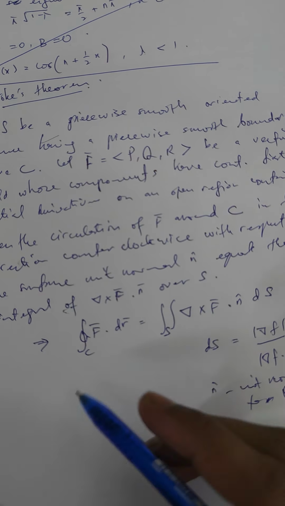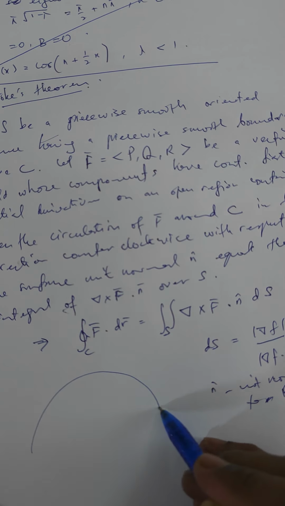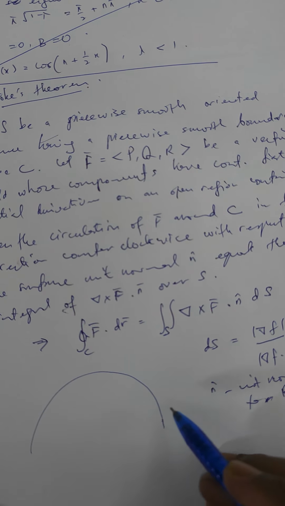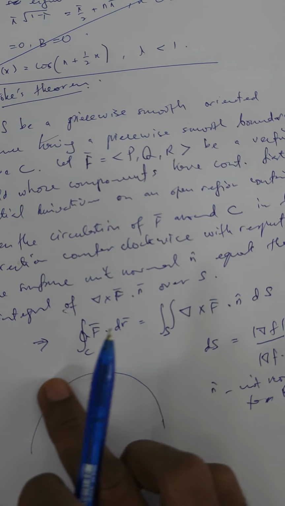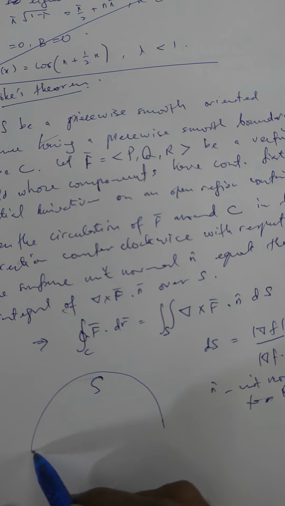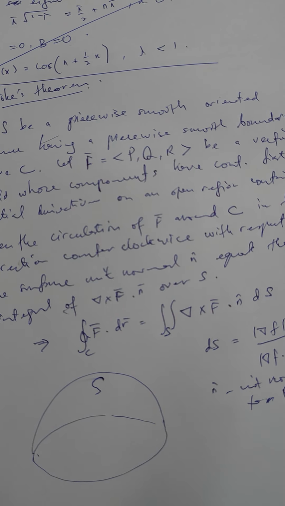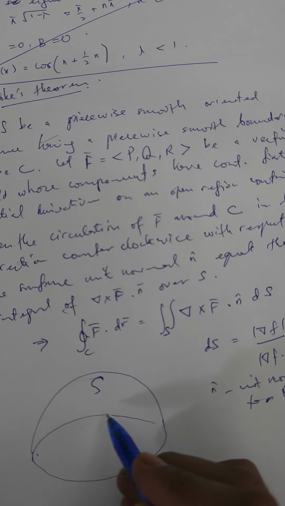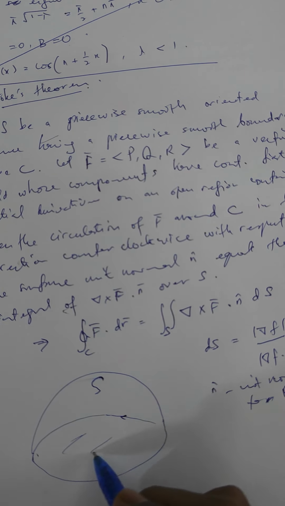So what is this? Say we have a surface, this is our surface, and this surface forms a boundary.